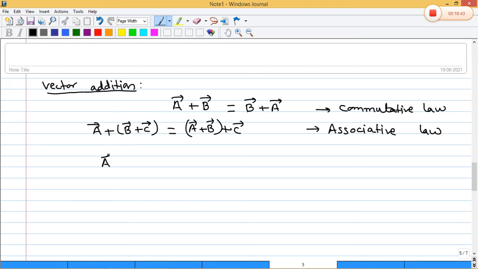If A and B vectors are added and a constant k is multiplied with this addition, then we can multiply individually before addition, or add and then multiply, and we will get the same result. So this is the distributive law. We have to know these laws in vector addition.